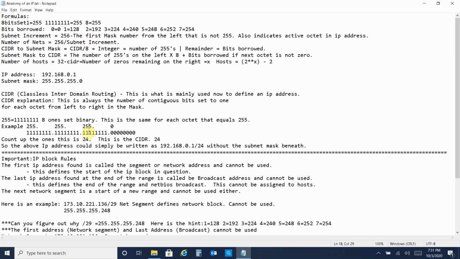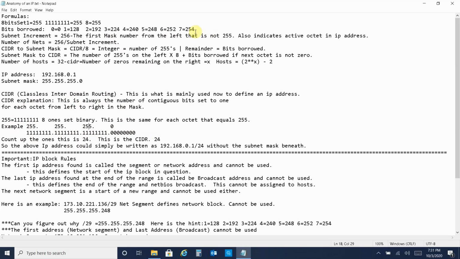So what would that be? It's simply 8 and 8, 16, and then 2 more. So that would be a /18. The rest would be zeros all the way out. So that would be your /18, if you can understand that. We're going to give many more examples if you just hang with me.